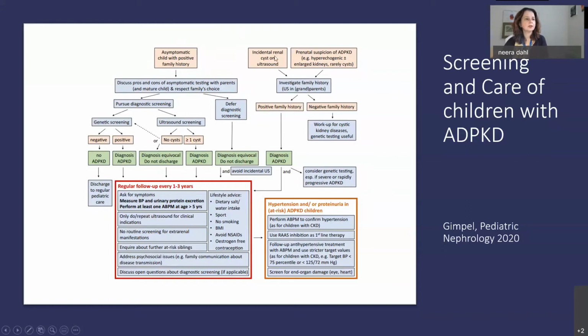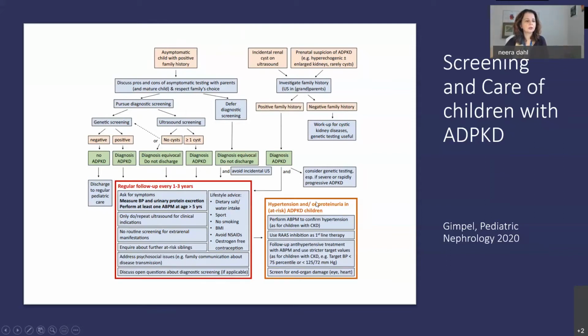If there's an incidental renal cyst found on ultrasound in a child, then the first question to ask is, is there a family history of kidney cysts? And if there is, that may be sufficient to diagnose ADPKD and then to follow them as you would any other child with ADPKD. If there's no family history, then that would be a reason for genetic testing.